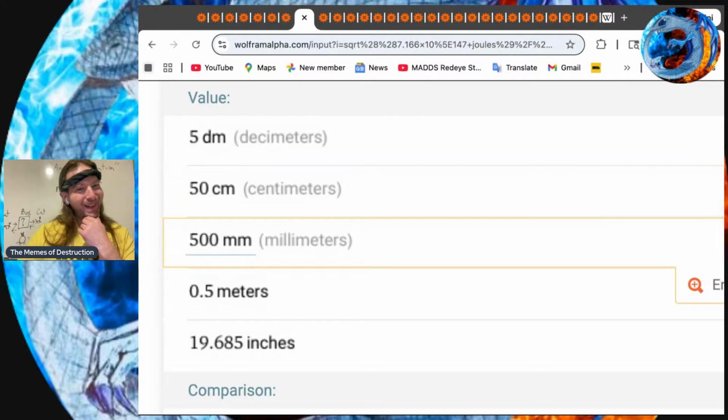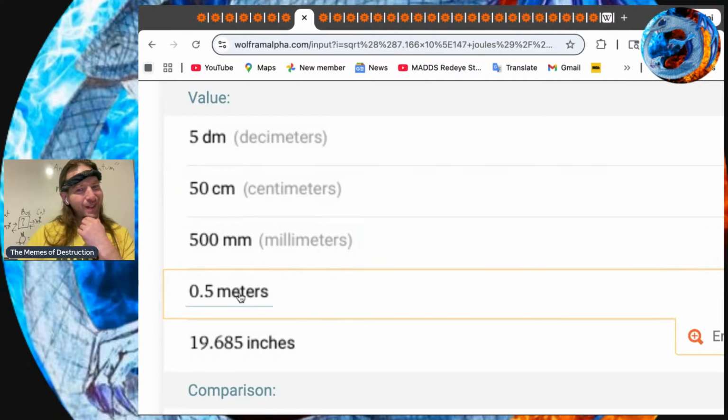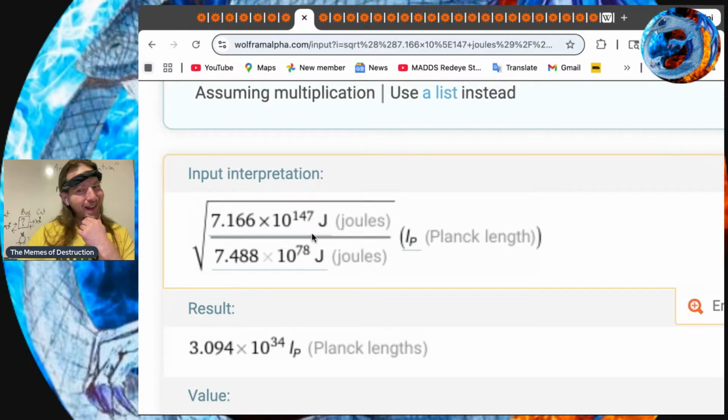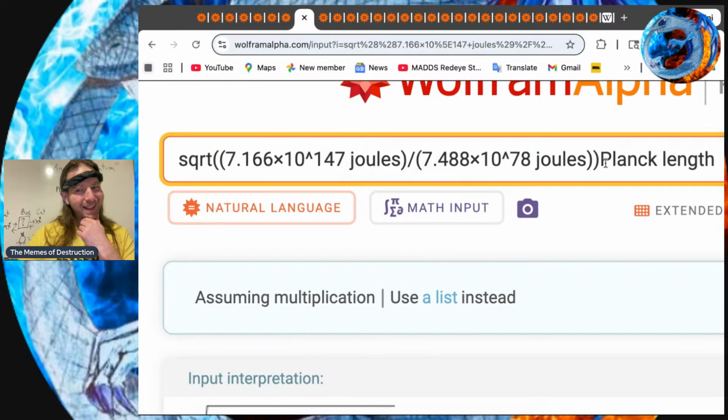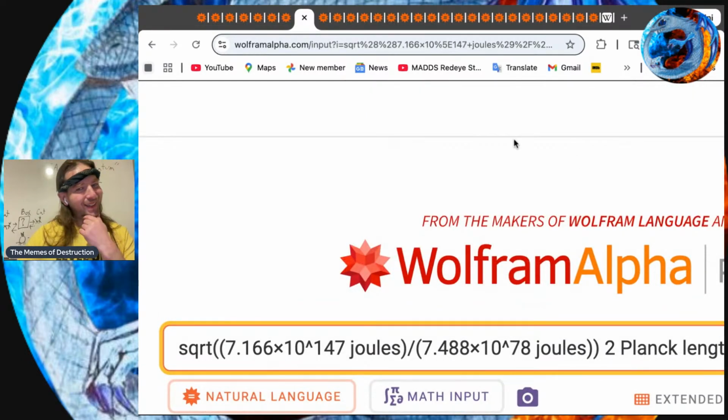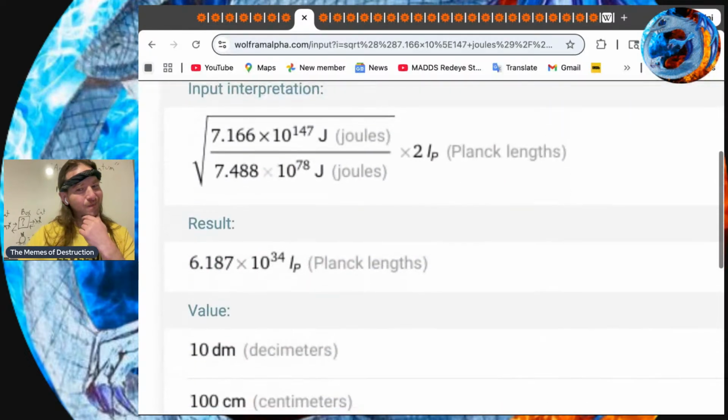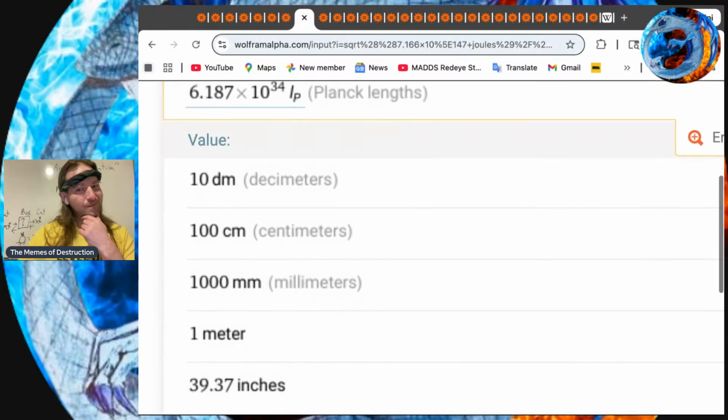This is one of the interesting things. Wait a second. 1/2 a meter. So that would mean that if we did 2 Planck lengths, oh.